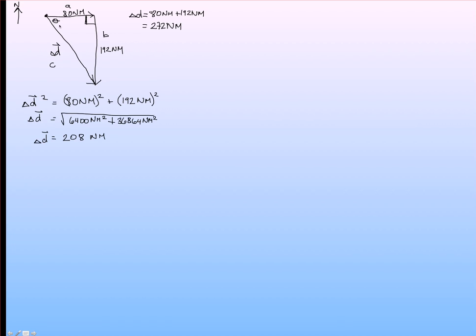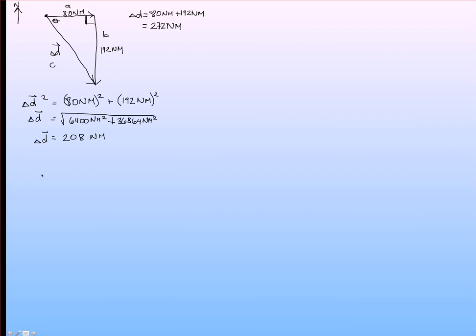Let's say it came out to 70 degrees. If we just reported 70 degrees, that would not be correct. This angle is going to help us find the direction of the displacement. This angle that we find is not necessarily going to be the direction of travel itself. So let's take a look and find that theta.